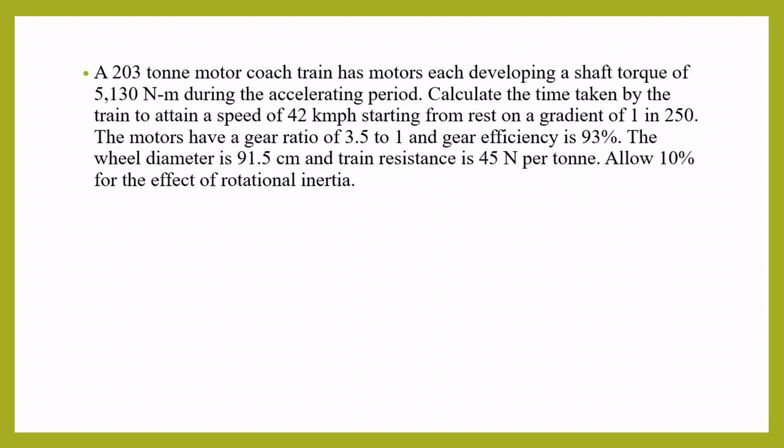The motors have a gear ratio of 3.5 to 1 and gear efficiency is 93%. The wheel diameter is 91.5 cm and train resistance is 45 Newton per ton. Allow 10% for the effect of rotational inertia.